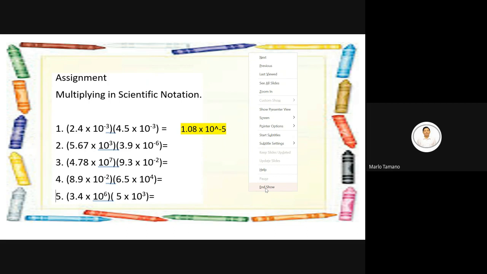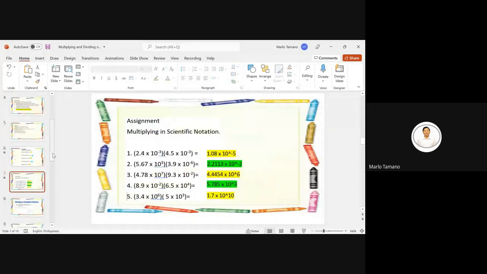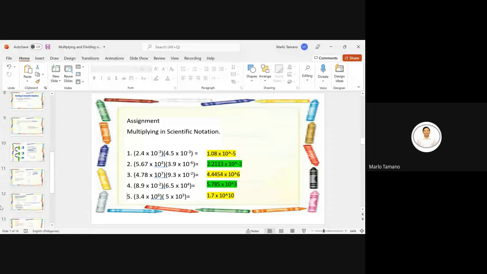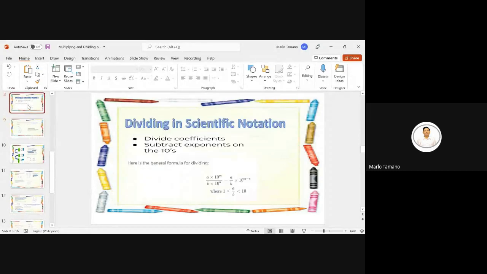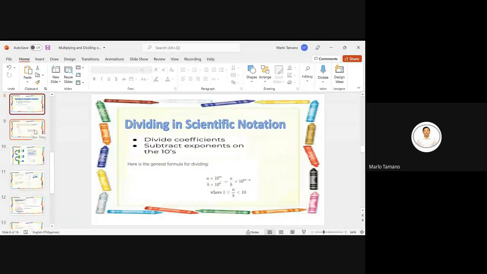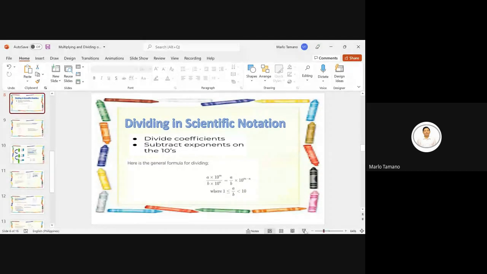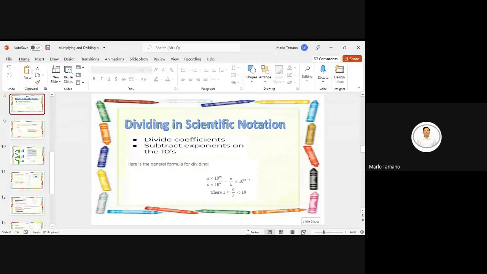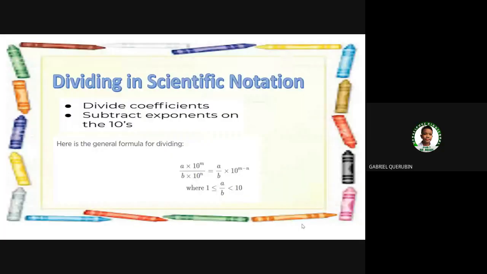So punta tayo sa division, dividing in scientific notation. Nakikita? Opo, sir. Ayan, dividing in scientific notation. Divide coefficient. Yun po yung mga steps natin. Subtract exponent on the 10.